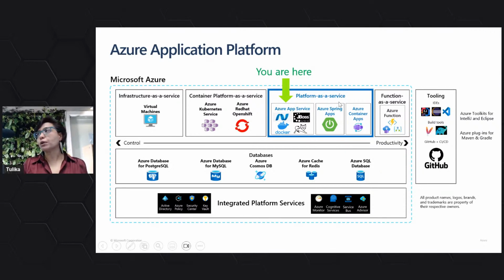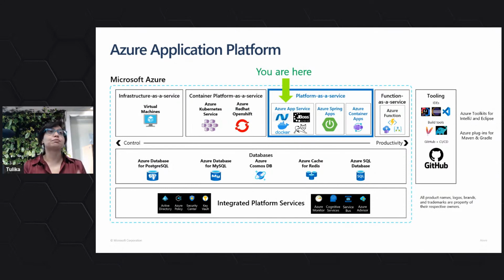What I'm going to talk about, or what I specialize in, is PaaS, or Platform as a Service. PaaS is the third most used Azure service. And basically what PaaS does is that it still deploys your code on a VM, but you don't need to be bothered about your VM. We will manage it for you.